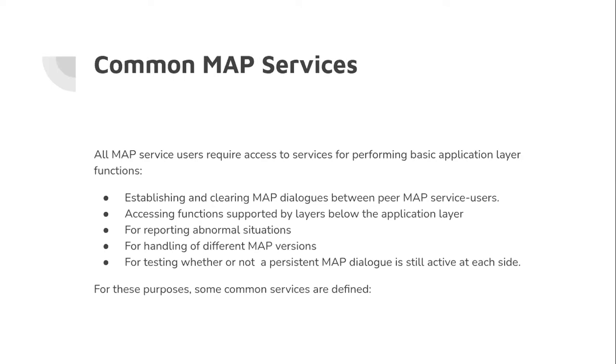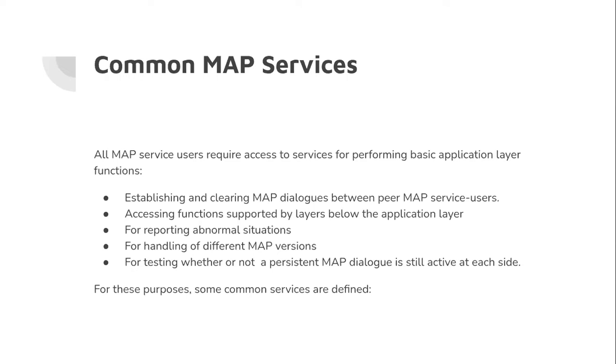I think even the TCAP team has discussed that. Secondly, accessing functions supported by the layers below: TCAP, SCCP, M3UA, SCTP, all those. There are services for reporting abnormal situations, for handling different MAP versions, and for testing whether a persistent MAP dialogue is still active at its side.